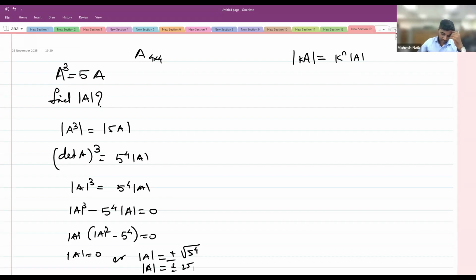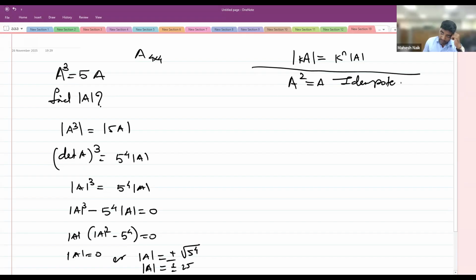We have seen these idempotent matrices yesterday. We saw that A square is equal to A if the matrix is idempotent, and we have seen that the determinant of such a matrix will always be either 0 or equal to 1. So now in case we have an example of checking if the matrix is idempotent or not, we can check it via the determinant.